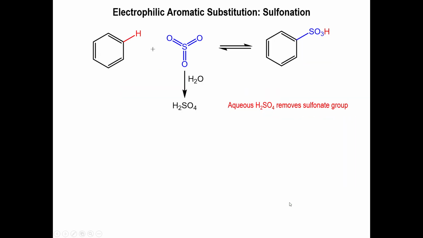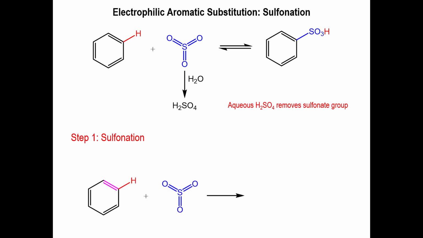All right, so what you basically end up doing is you react benzene with oleum. It's not pure sulfur trioxide because that's just a gas, but it's the oleum mixture that you bring them in contact with. And this being a really strong Lewis acid, the benzene ring has no problem donating its pi electrons to create a new bond onto sulfur.